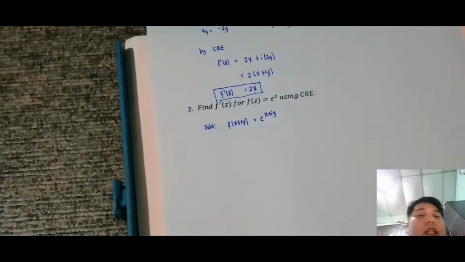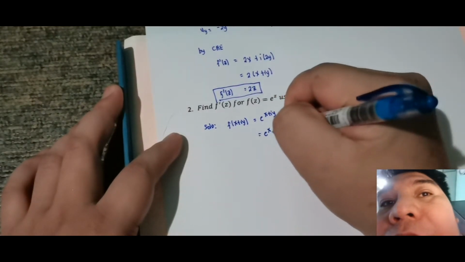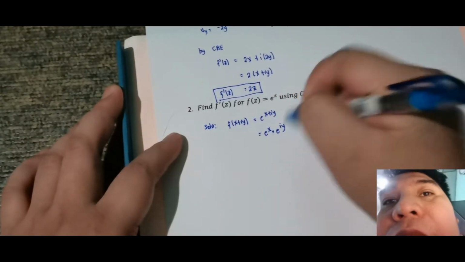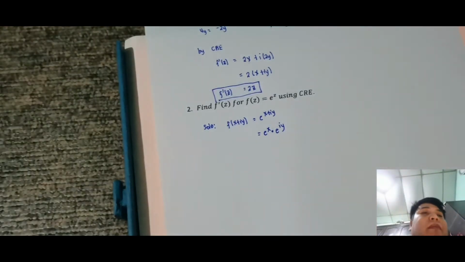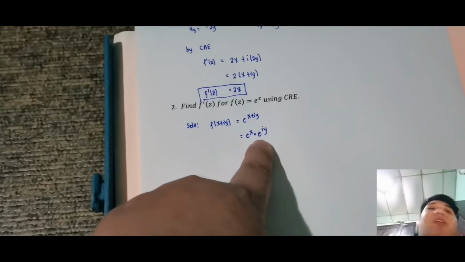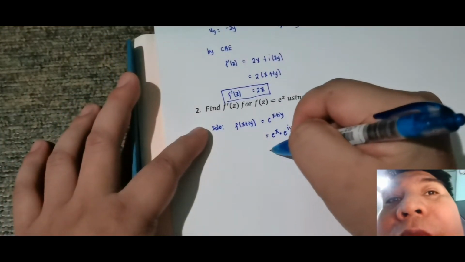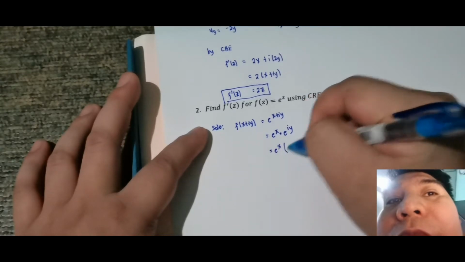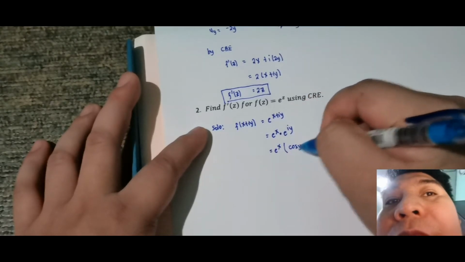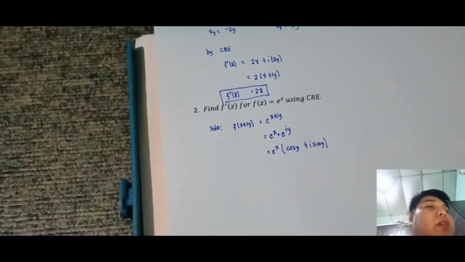Naalala nyo yung pag-ibiyakin ko siya. So this is e raised to x times e raised to iy. Next is, nakalimutan ko yun, Euler's formula. Tama? So by Euler's formula, this is e raised to x multiplied by cosine y plus i sine y.